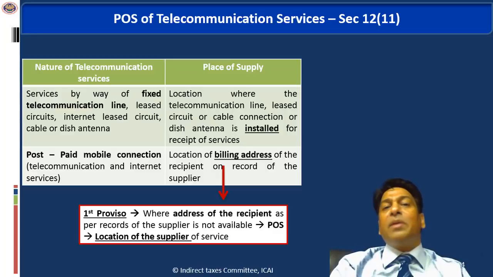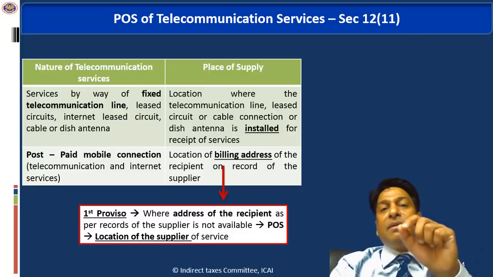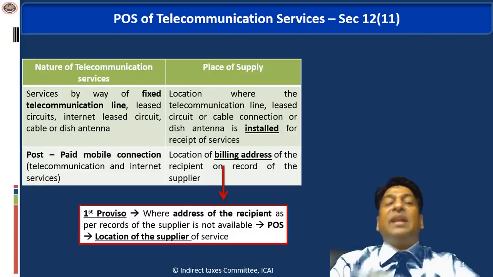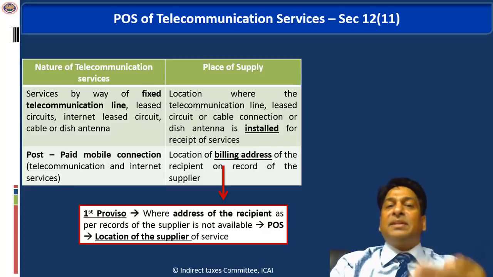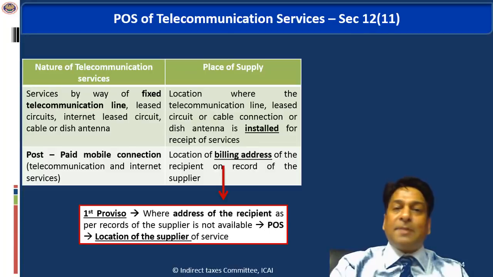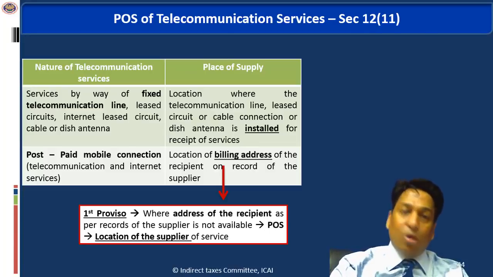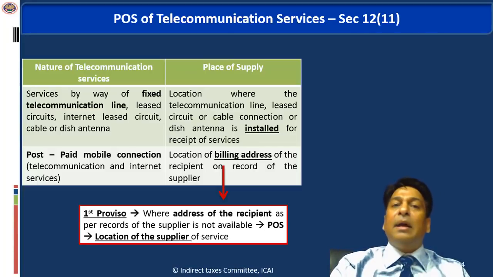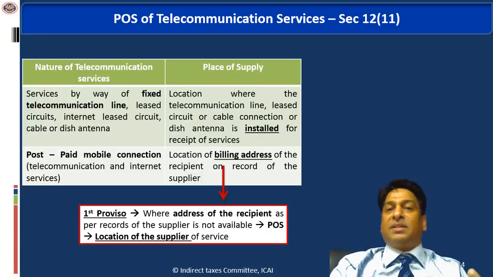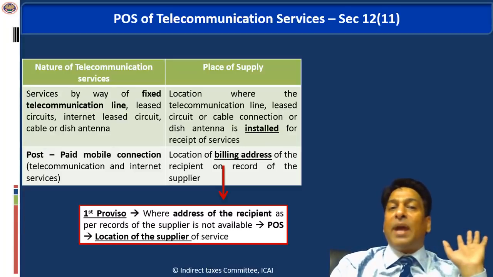I'm taking from Airtel, registered in Gurgaon, a fixed landline to be installed at my residence in Delhi. Tell me, intrastate or interstate? Location of supplier Airtel, Gurgaon, Haryana. Place of supply where such fixed landline is being installed, which is Delhi, interstate. That is how we have to identify.